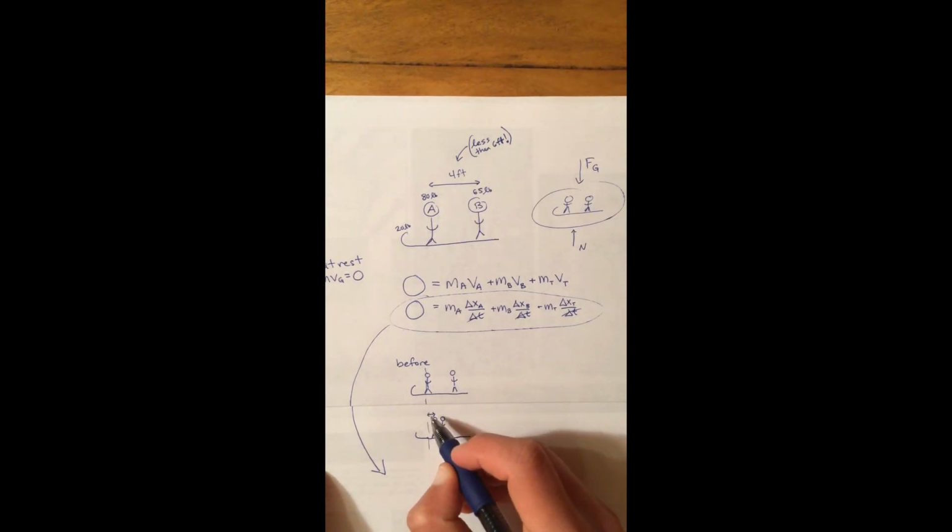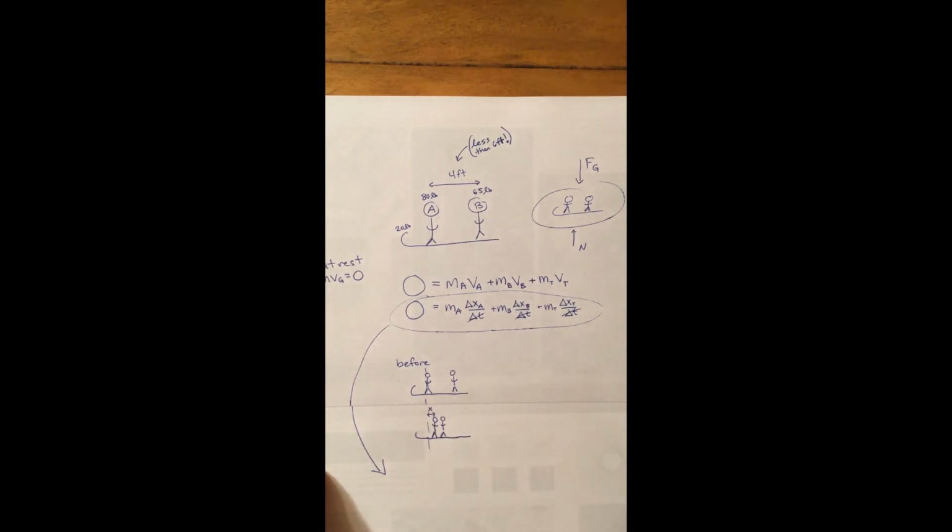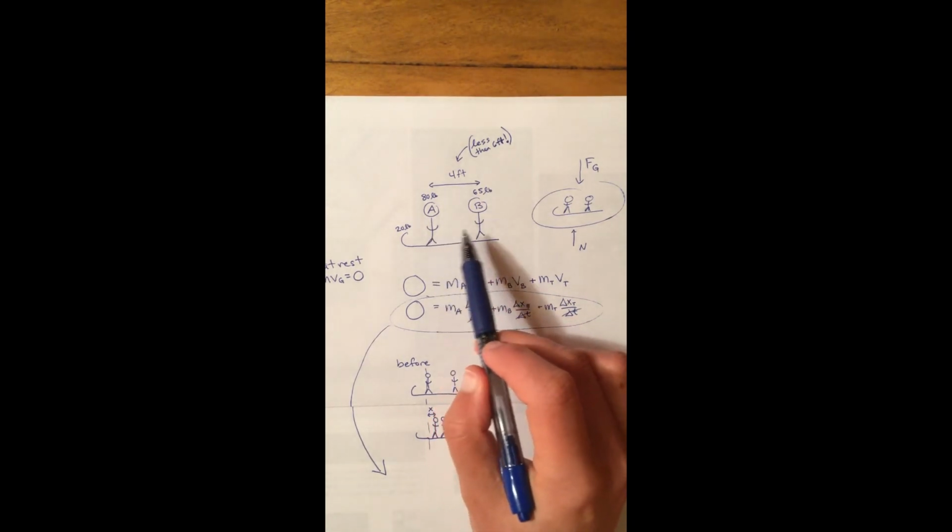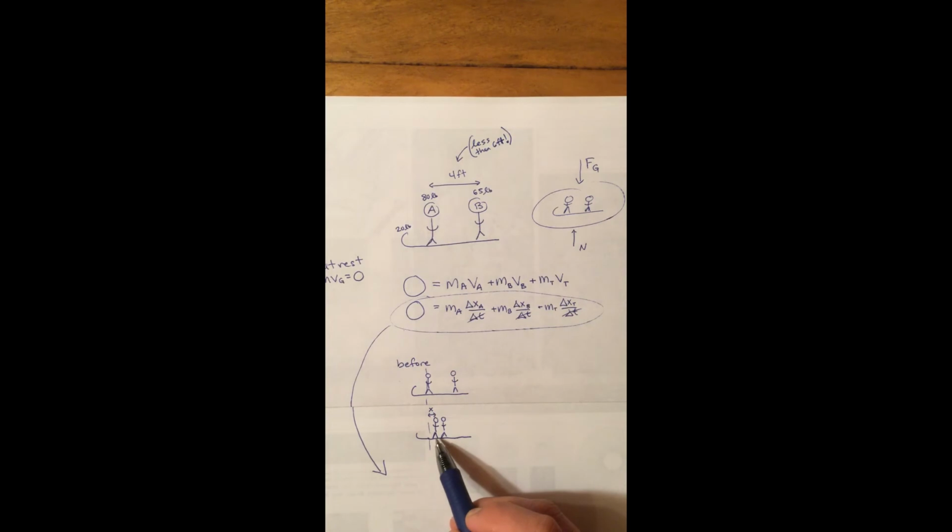Let's call this distance here x. And the whole toboggan and person A both moved the same distance. Now, person A actually moved here and then back here again, but we don't really care about how person A moves relative to the toboggan because they're going back to their initial point on the toboggan.